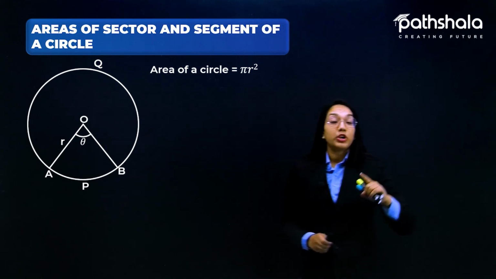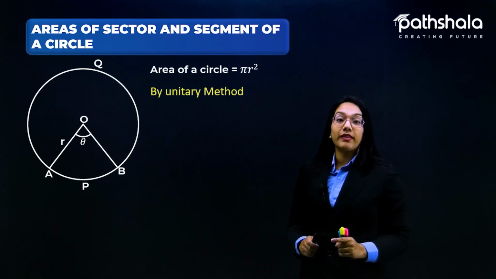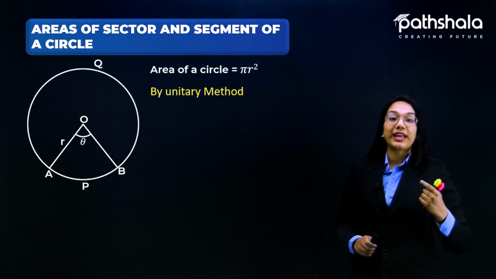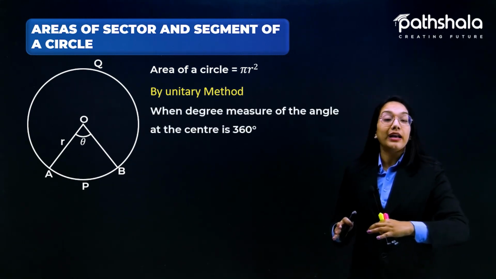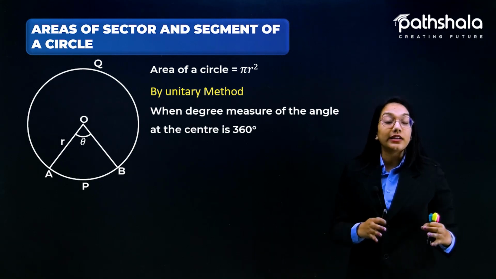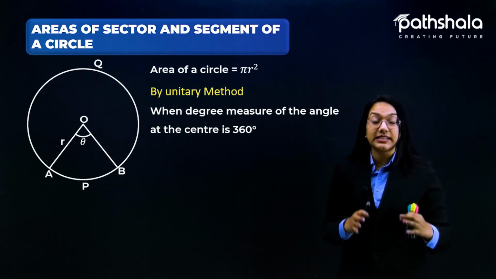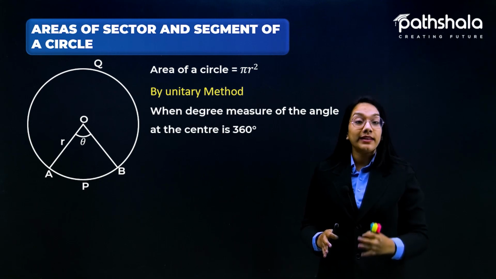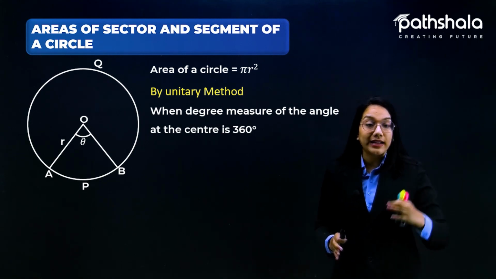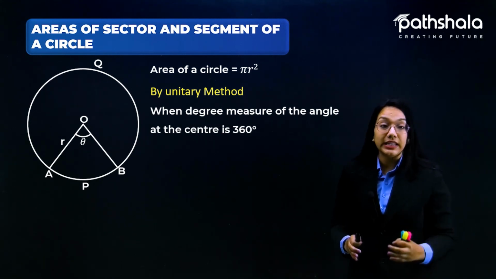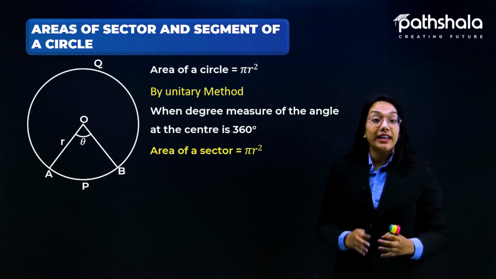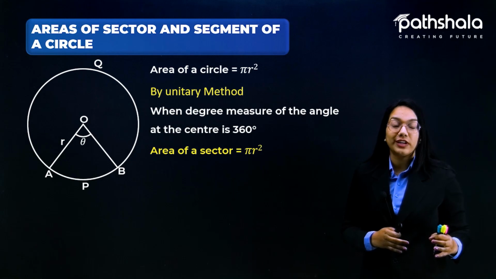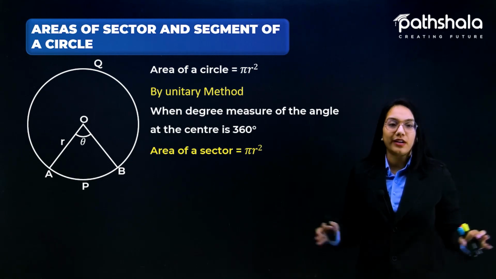By the unitary method, we can say that when the degree measure of the angle at the center is 360 degrees, the area of the sector would be pi r square. We definitely know this concept.